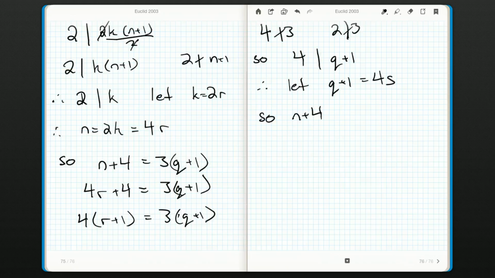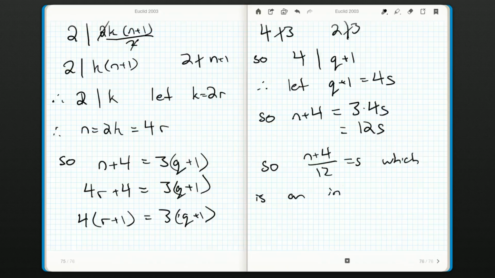So n plus 4 must be 3 times 4s, which is 12s. So that must be s, which is an integer. Yay! Okay, so that was a lot of factoring and chasing that stuff around.